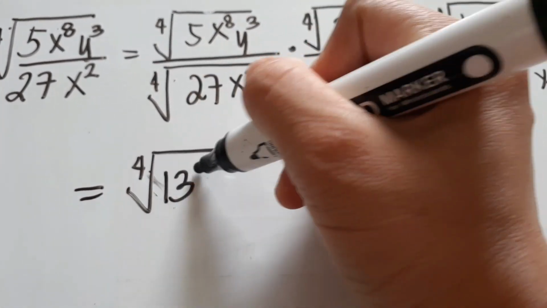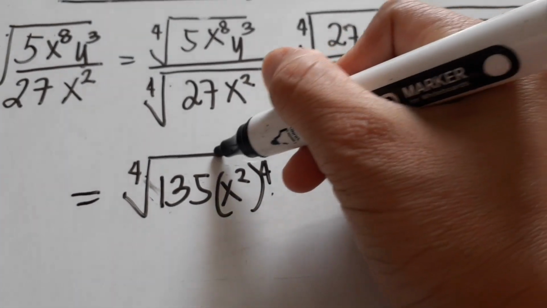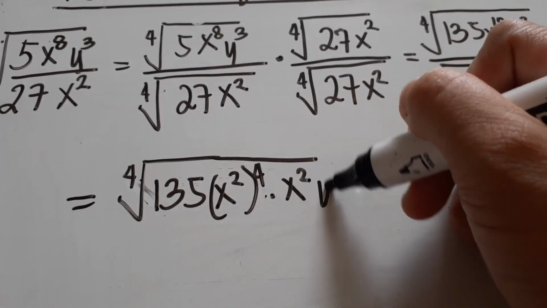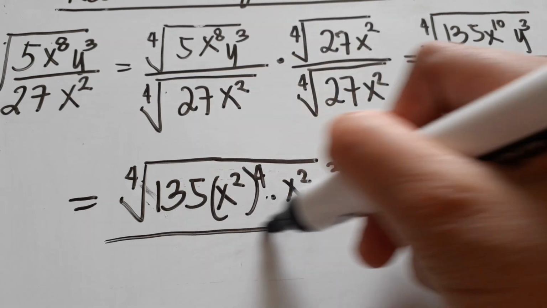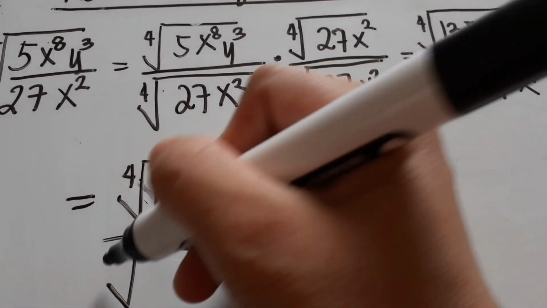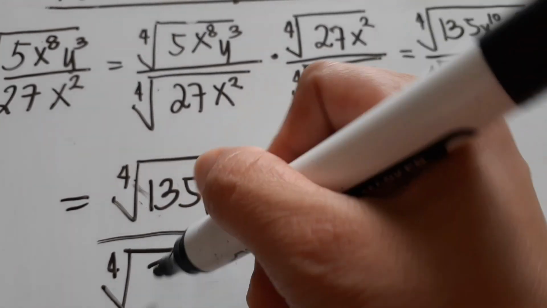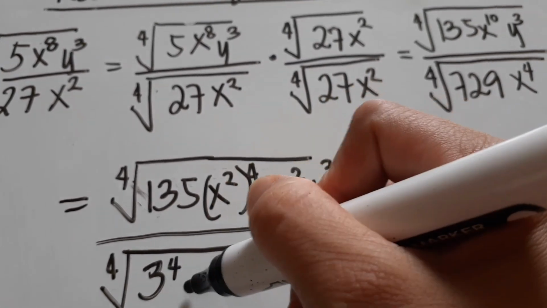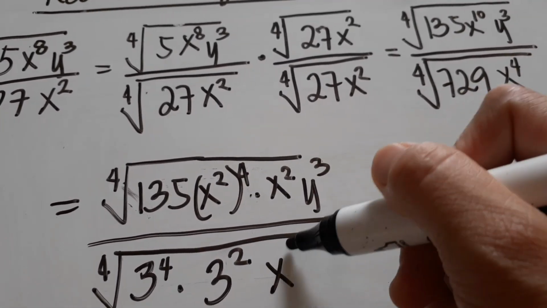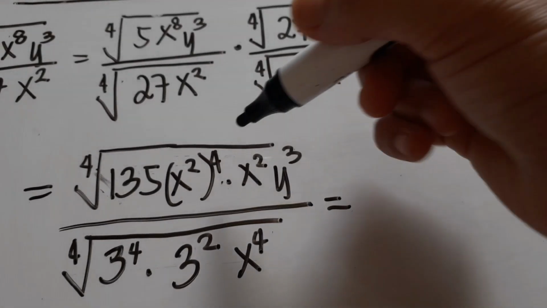Since our factor of 135 is not a perfect fourth root, we can only factor x by x squared over 729, which is factored as 3 to the 4th times 3 squared, then x raised to the power of 4.